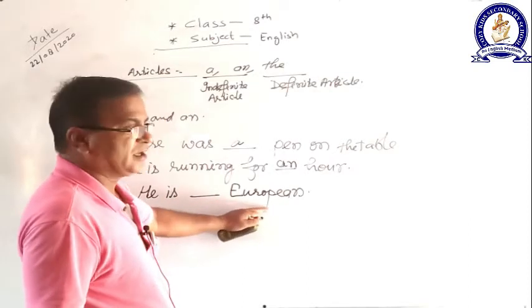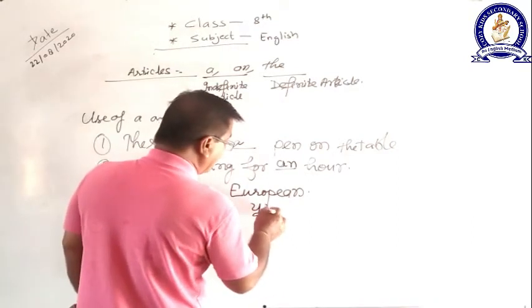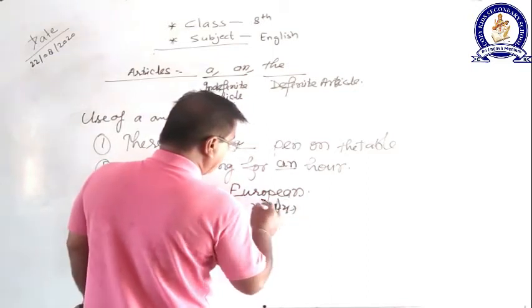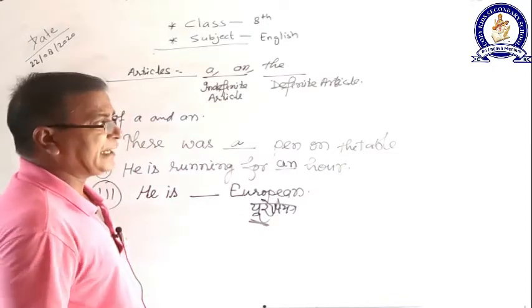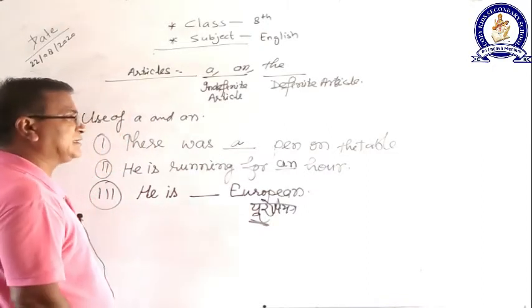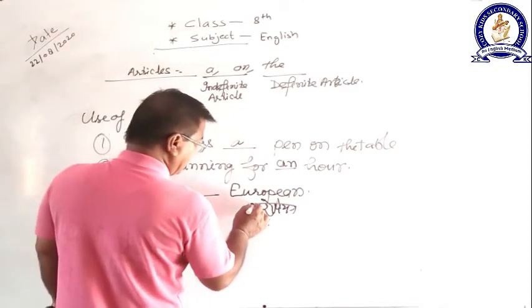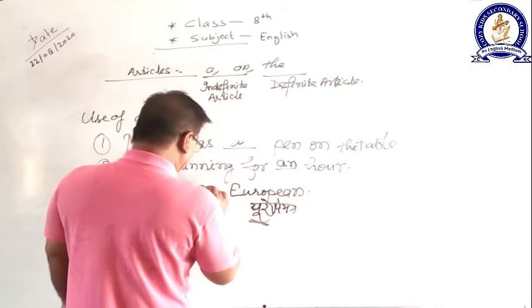It is pronounced as Yuropean. So what is this U? It is being pronounced as a consonant, the sound yo. That's why a will be applicable.